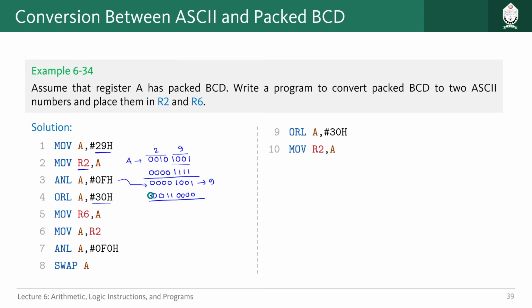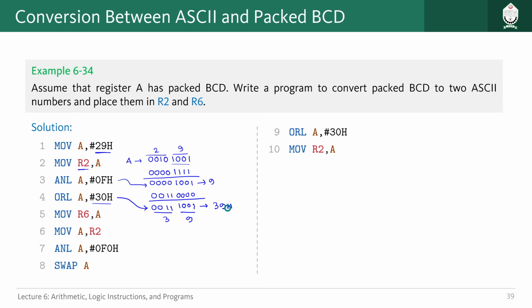So we are doing the current contents of A here, this one, with 30H. So if I do the ORL between these two values, the value we are going to get is 0 0 1 1, and this value will come as 1 0 0 1. So this is the value after this execution, right? And this is 3 and 9.